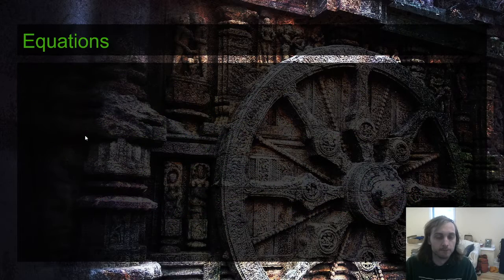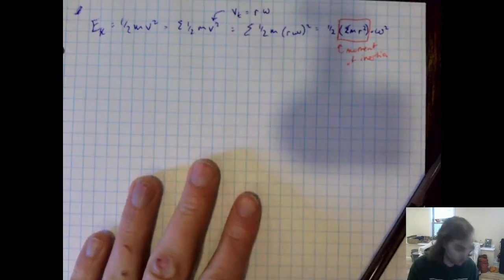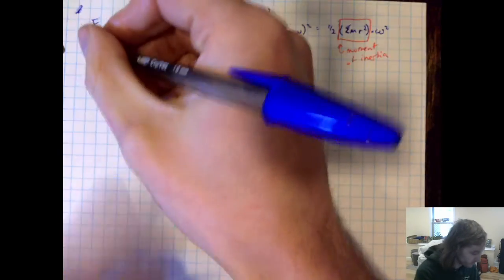So the actual equation for this, obviously our life has to be hard. If we take that old situation that we had before, that only works for discrete objects.